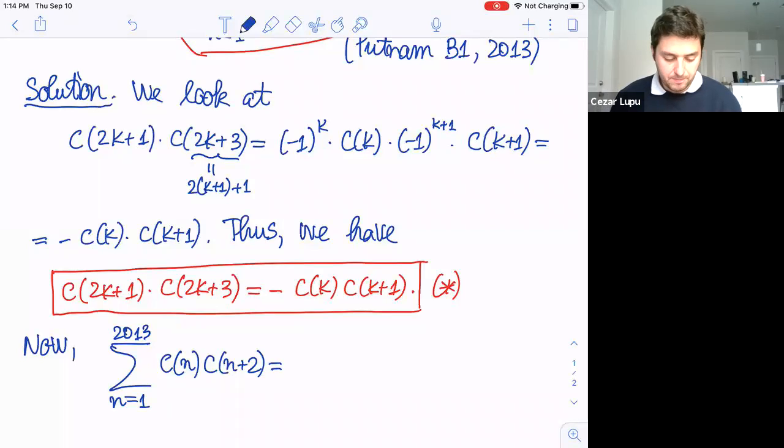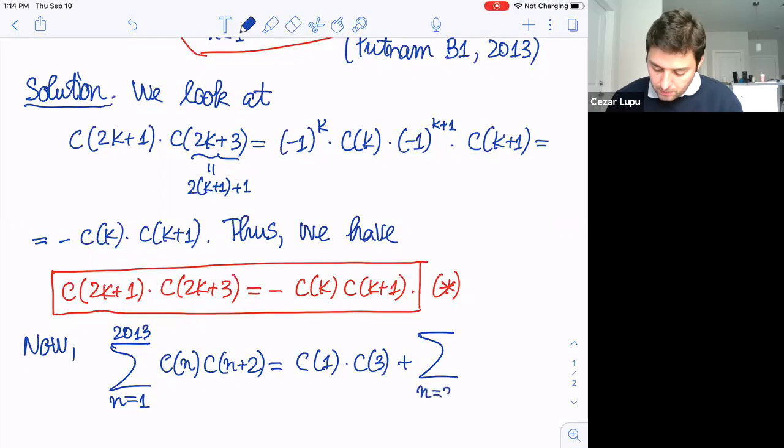So this will be C1 times C3 plus the sum from n equals 2 to 2013 of Cn times Cn plus 2.